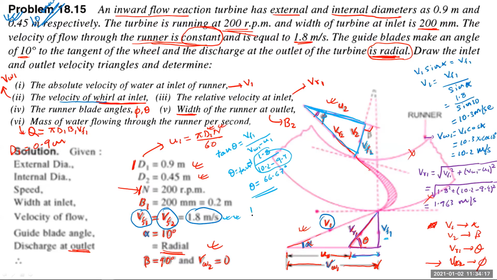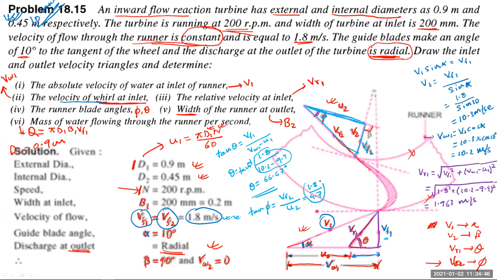Like that you have to write tan phi equals perpendicular, which is Bf2, divided by base, which is U2. Bf2 is 1.8, and U2 is 4.712, about 4.7.